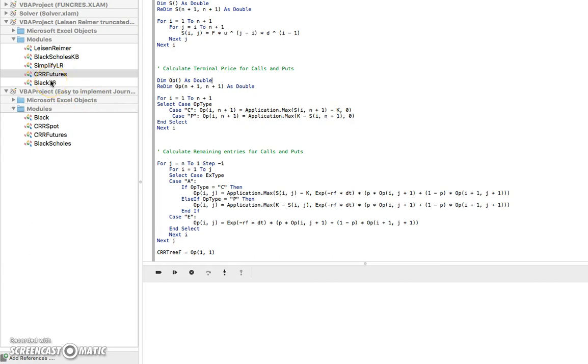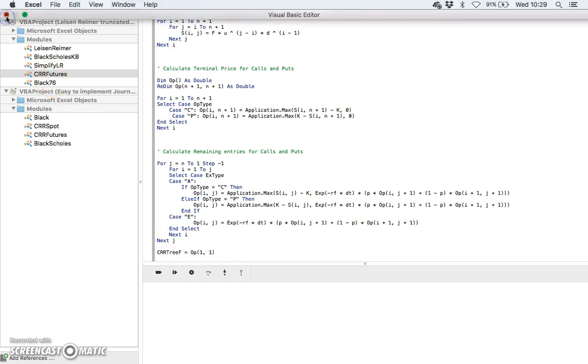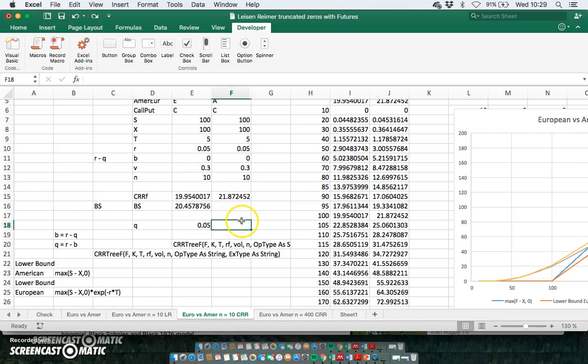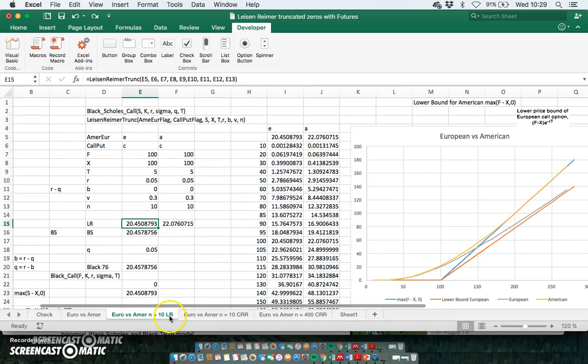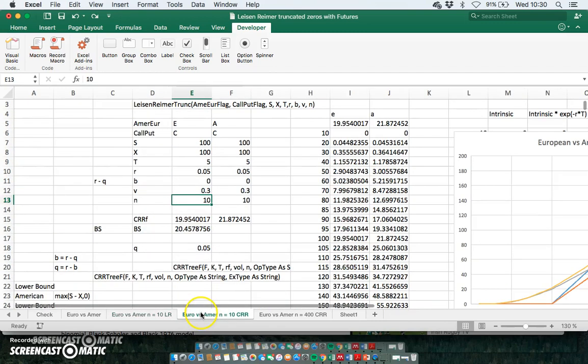If you go back into the spreadsheet and I run the estimation for a 10-step tree, the numbers are the same as before. Before we had 10-step Leisen-Reimer, here we have 10-step Cox-Ross-Rubinstein. For the European option, 10-step Leisen-Reimer yields a result closer to Black-Scholes. With Cox-Ross-Rubinstein, convergence is slower.